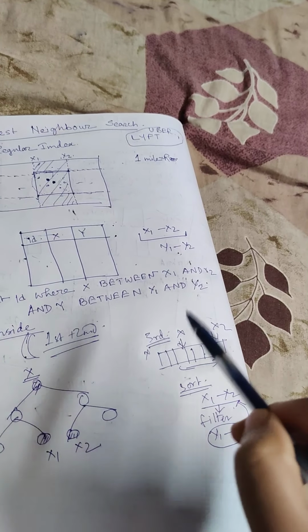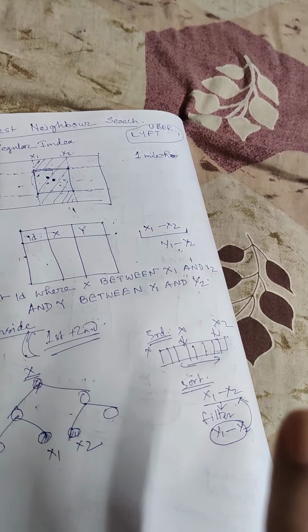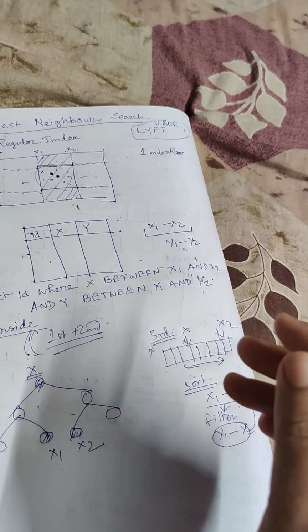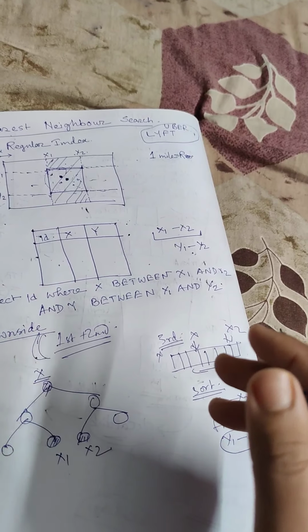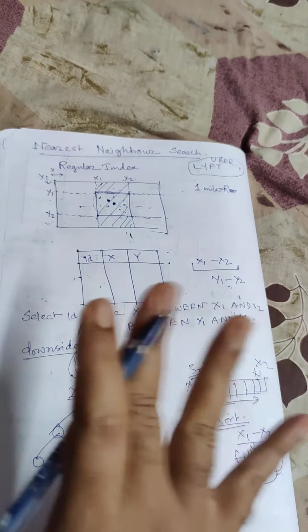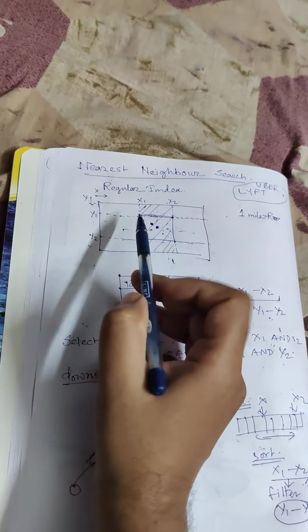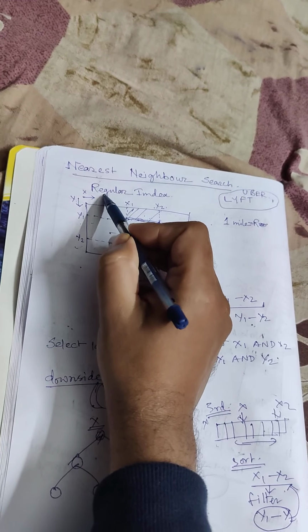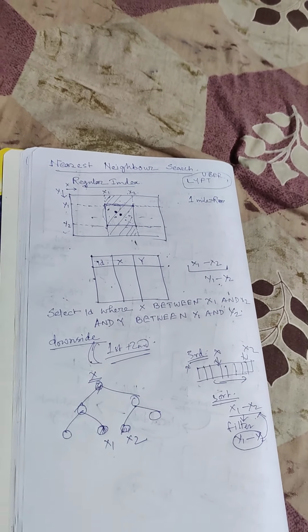Whenever you want to insert something, that is going to be a tough call. The entire process here is a 2D search, which means you are using a regular index. So we are doing all of this using a regular index, and there are other techniques as well.